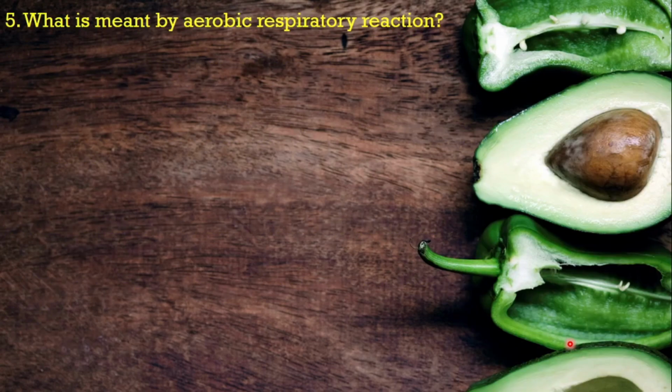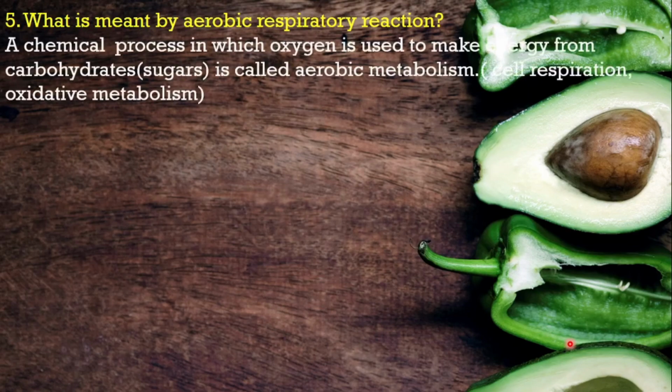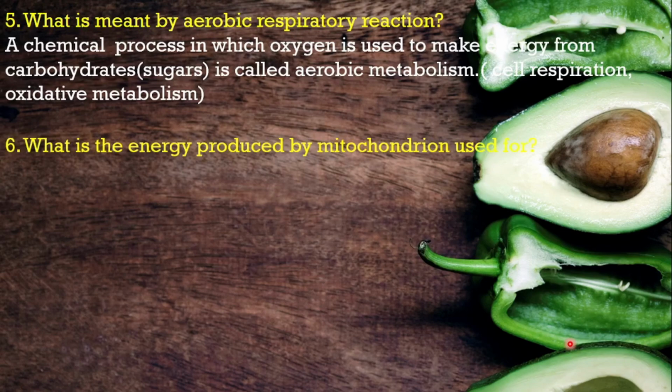What is meant by aerobic respiratory reaction? A chemical process in which oxygen is used to make energy from carbohydrates, sugar, is called aerobic metabolism. Cell respiration, oxidative metabolism. They have the same meaning. What is the energy produced by mitochondrion used for? It is used for metabolic activities of the cell.